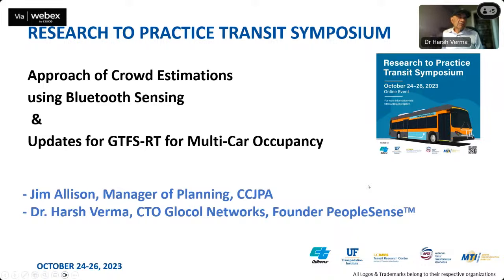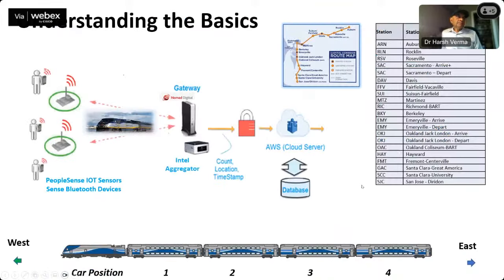So now we can go to the next slide, where I'll talk a little bit about our operations and the basics of what we're doing here. The idea was, how can we cost effectively count people in real time? Doing this involved Bluetooth sensors that would sense people's Bluetooth devices that are on their phone, their laptop, or even their headphones. And those all have basic signatures.